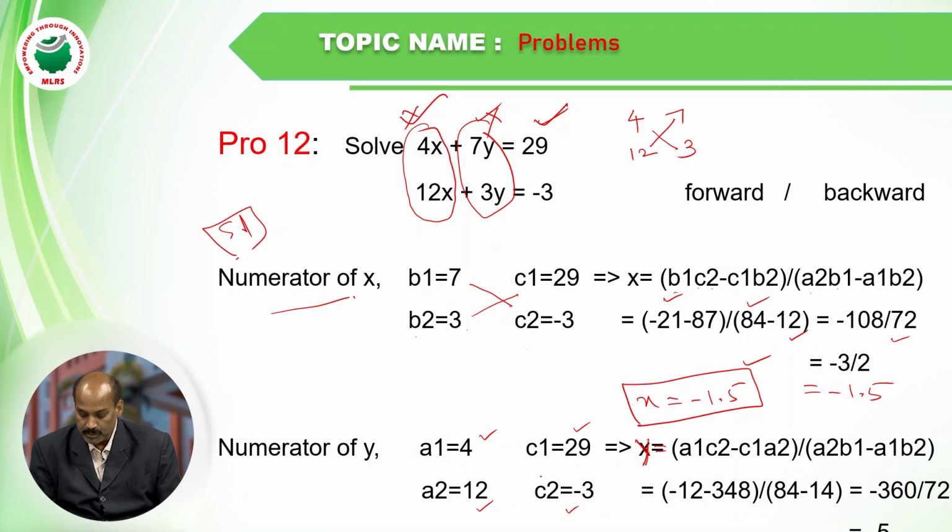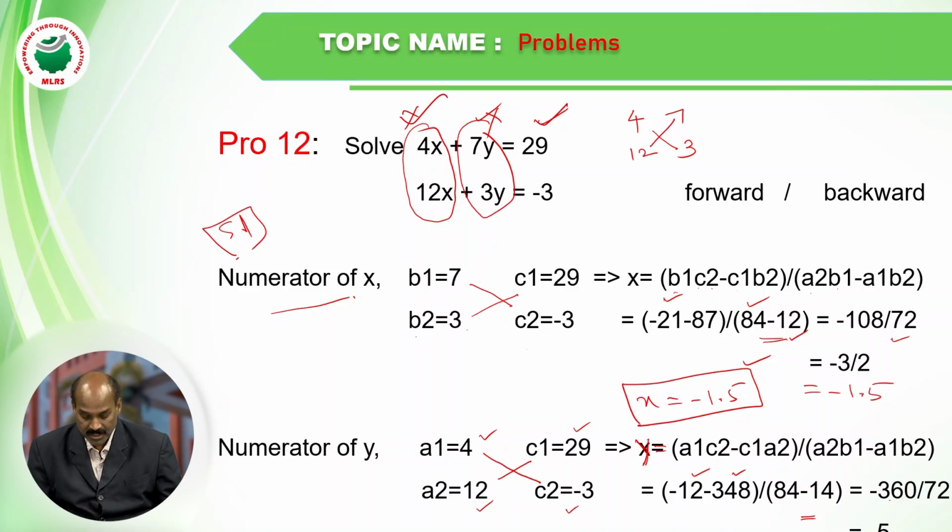So now substitute these values in this formula, then we get forward 4 into minus 3, minus 12, minus 29 into 12, that is 348, divided by the denominator, which is the same for both x and y values. Therefore, write this as it is, 84 minus 12. So minus 360 by 72, that is nothing but minus 5.